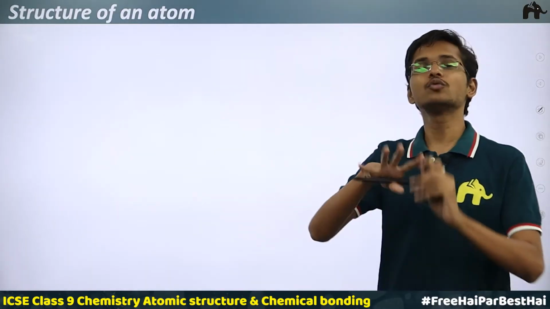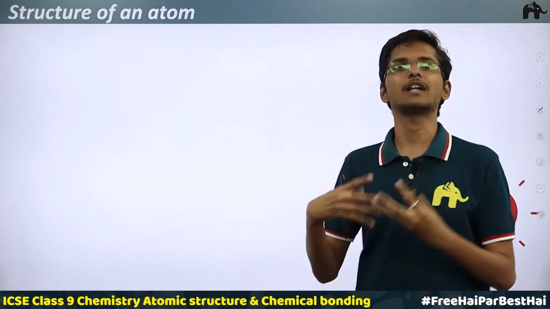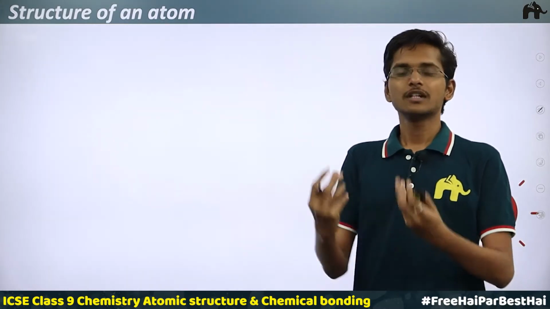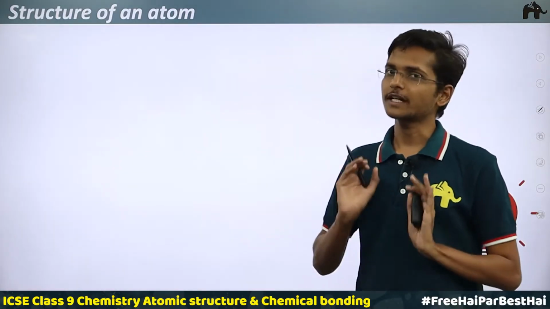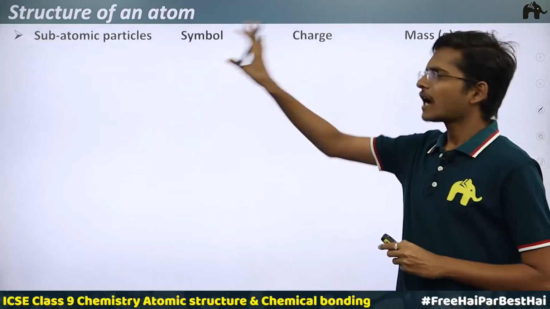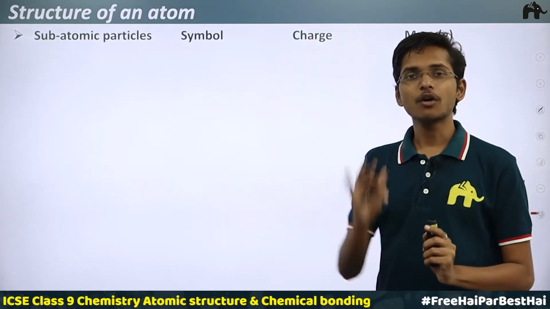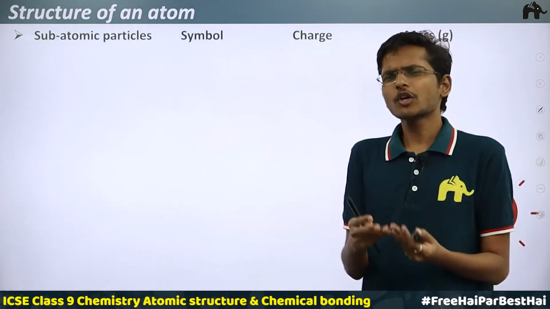Now moving ahead to the structure of atom. Here you have to start understanding the things, then you will get a hold of the concepts related to the structure of atom and the bonding as well. Our atom is made up of 3 subatomic or fundamental particles.